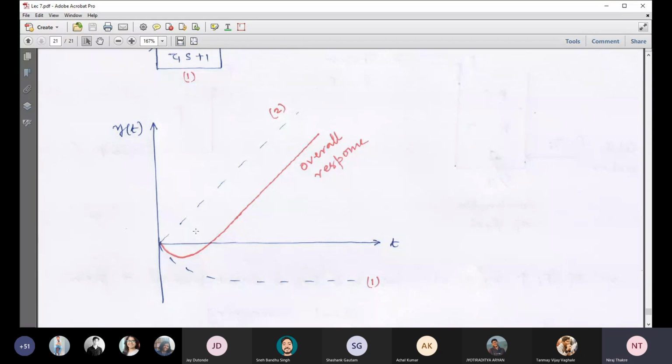Just like our last topic was processes with dead time, dead time also hampers the process response. Similarly, this inverse response also degrades the process response. So the natural question is how we can tackle these situations. We'll discuss this issue later. Let us become a little more mature in process control, then we'll come back to these topics again.